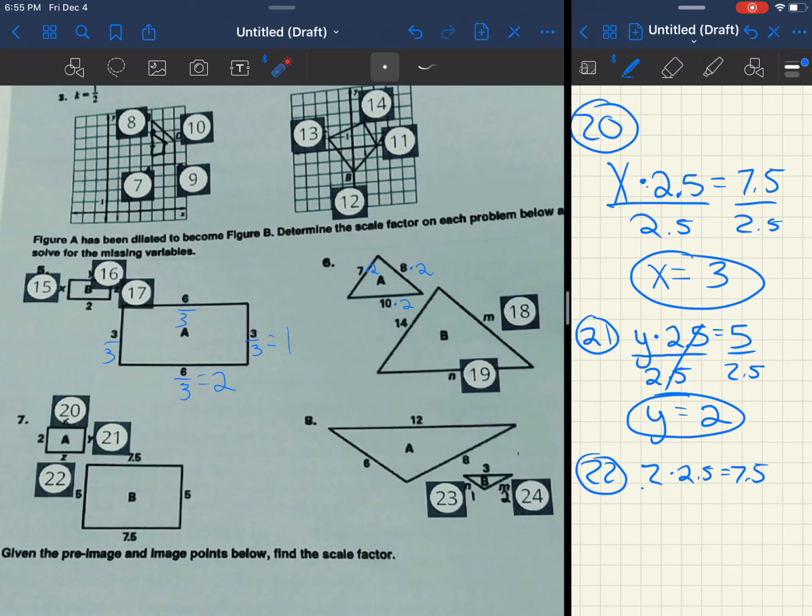The opposite of multiplying by 2.5 is dividing by 2.5, and I do it to both sides. 2.5 cancels out, and I get z equals 7.5 divided by 2.5 is 3. So the answer, number 22, is 3.